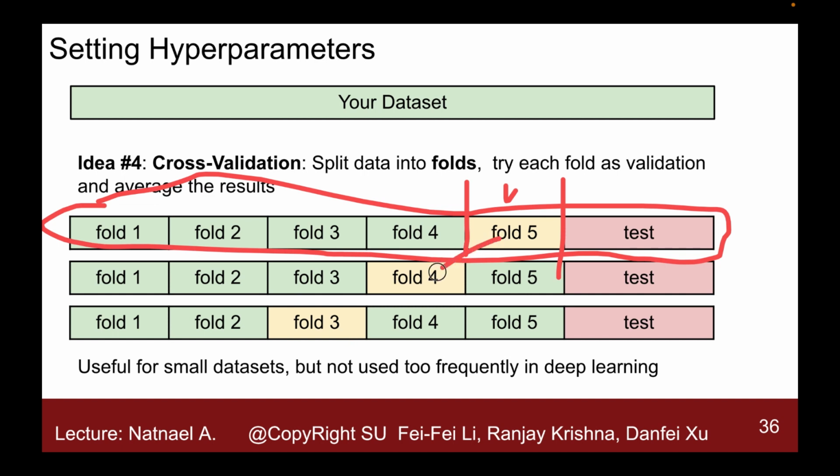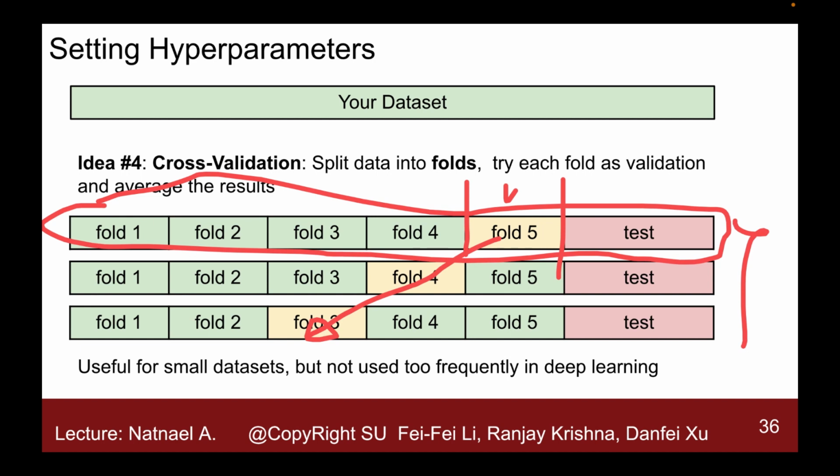We have to change the subject entity for validation purposes in each of these iterations. And finally, we average results acquired from all these iterative processes.